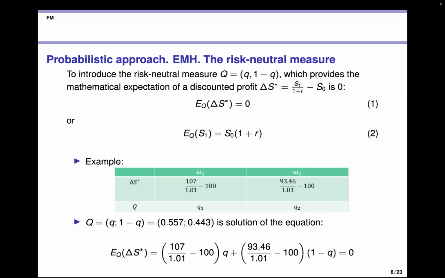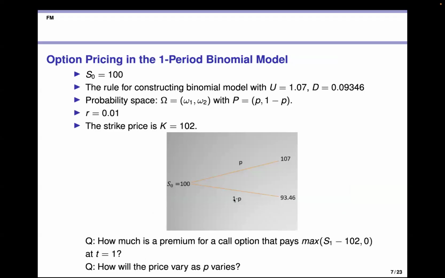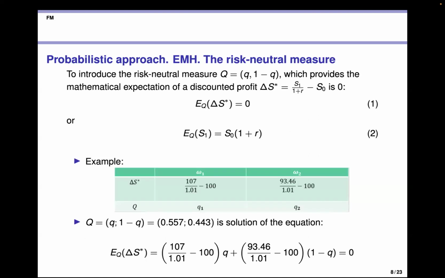After that, we considered two approaches. The first approach for this one period binomial model consists in formulating the risk neutral measure. It was a probabilistic approach.